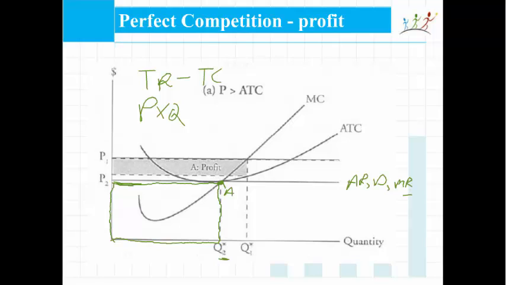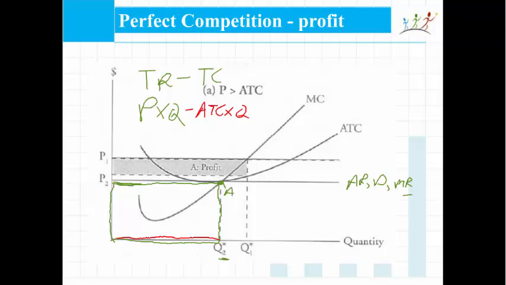So the green rectangle is the total revenue. Now let's see the total cost. Total cost is nothing but the average total cost multiplied by the quantity. Now what is the quantity? The quantity is again Q2.